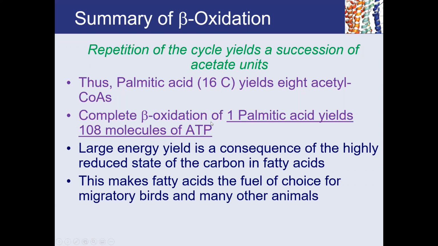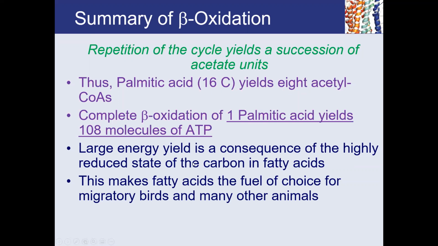If you recall, when we were talking about glycolysis, one molecule of glucose yields close to about 30 to 32 ATP molecules, right? You can see here, one molecule of 16 carbon fatty acid yields more than 3 times as much, 108 molecules of ATP.